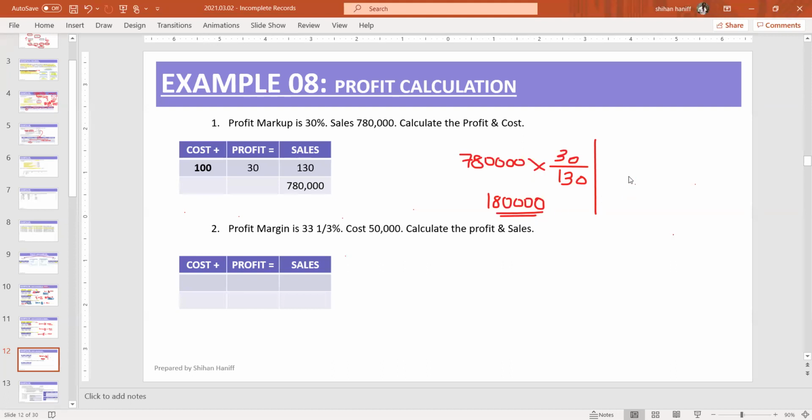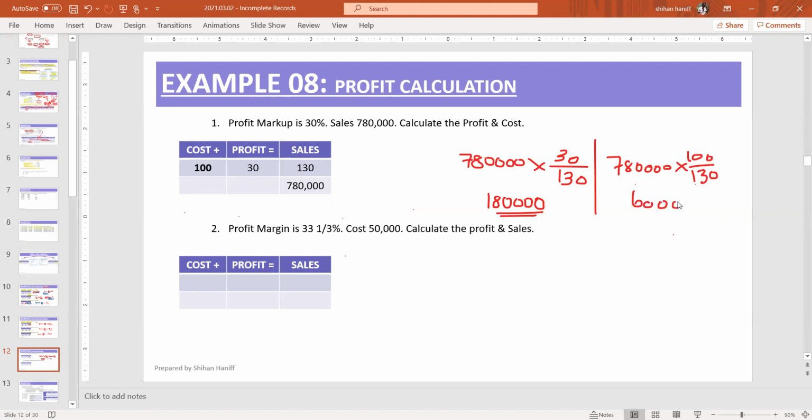Then if you want to calculate the cost, what you have to do is 780,000 is equal to 130. Divide by 130, multiply by 100. That means 600,000.